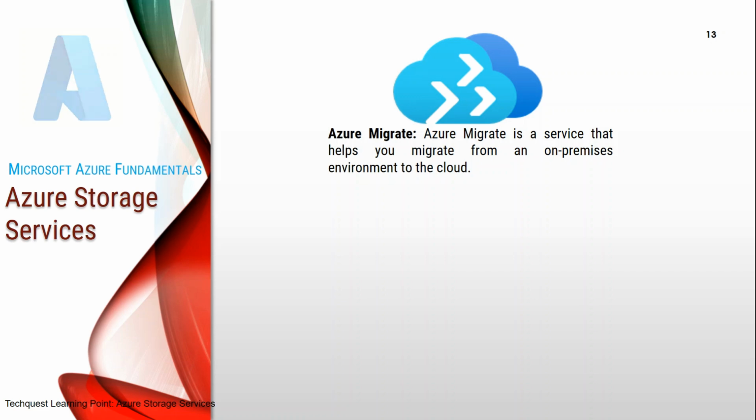Azure Migrate functions as a hub to help you manage the assessment and migration of your on-premises data center to Azure. It provides the following: a unified migration platform, a single portal to start, run, and track your migration to Azure, and a range of tools for assessment and migration.